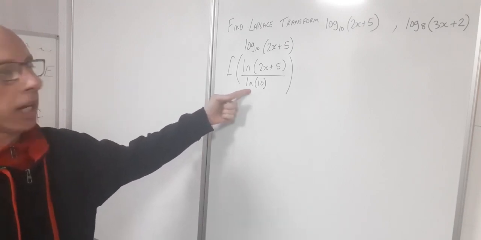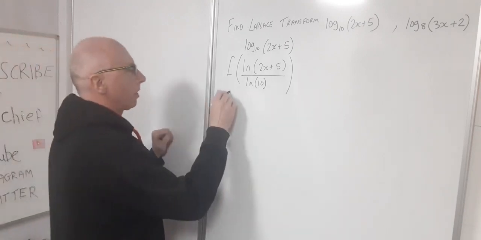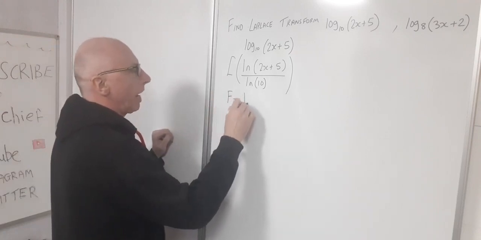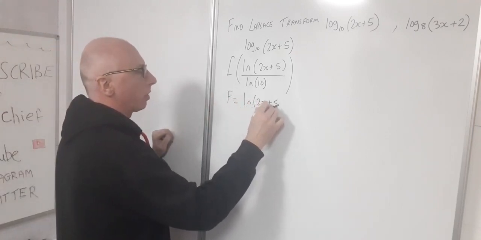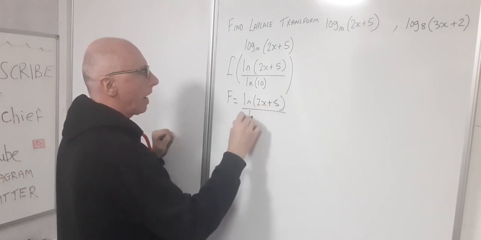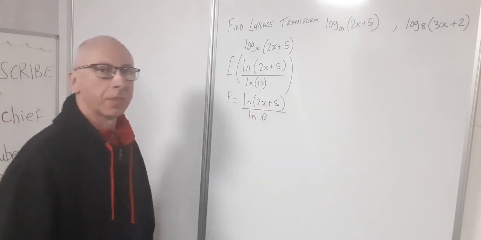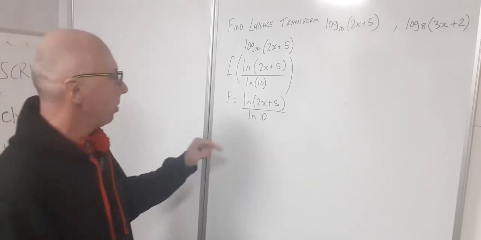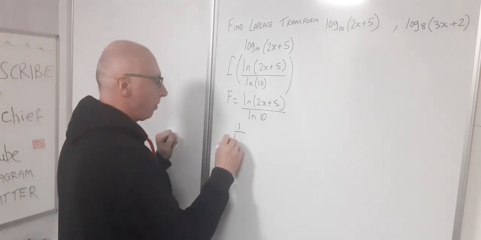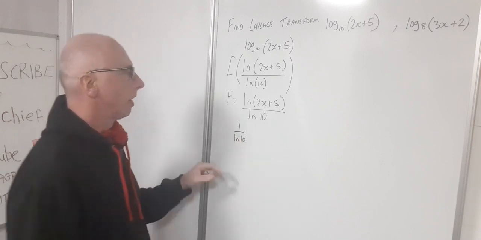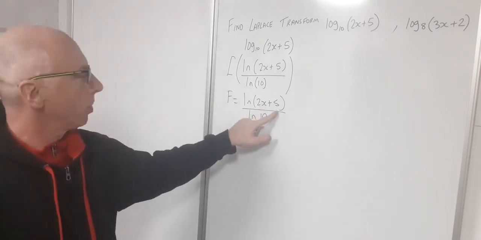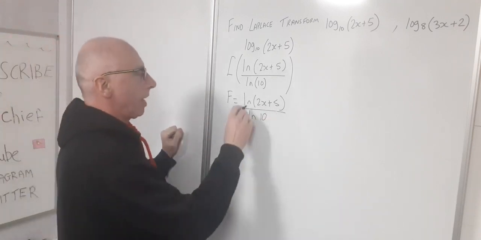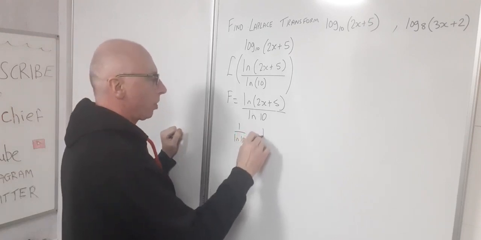So we let this function equal f. So f equals ln of 2x plus 5 over ln of 10. Now the derivative of this, well, ln 10 is just a constant, so we've got 1 over ln of 10. And then the derivative of ln of 2x plus 5 becomes 1 over the 2x plus 5.